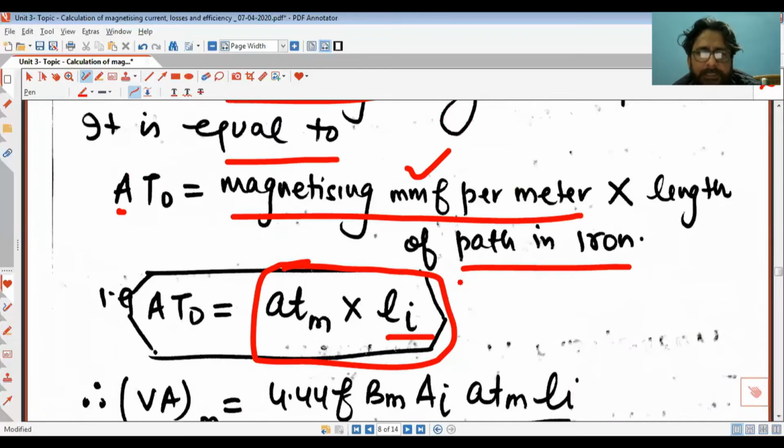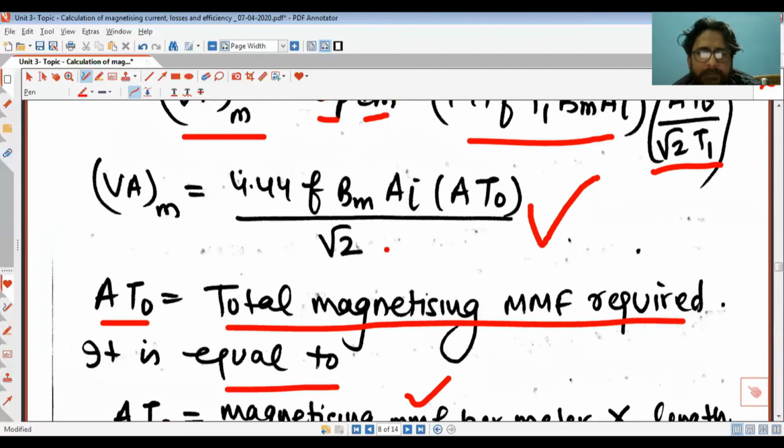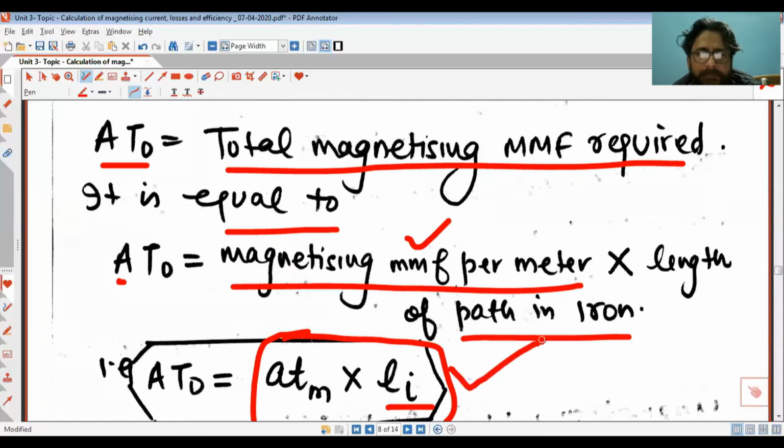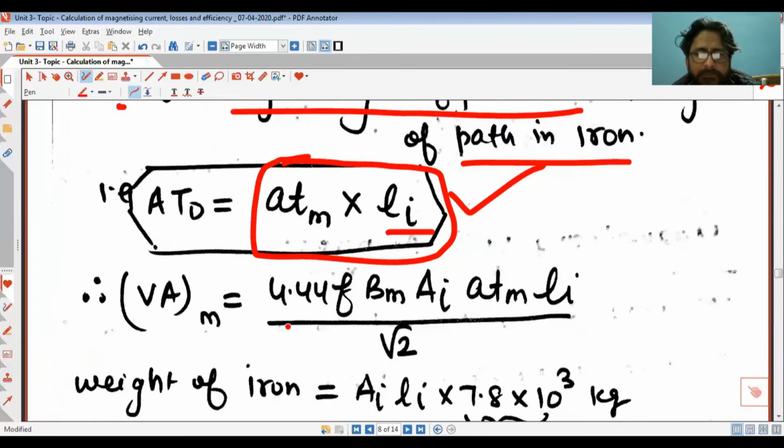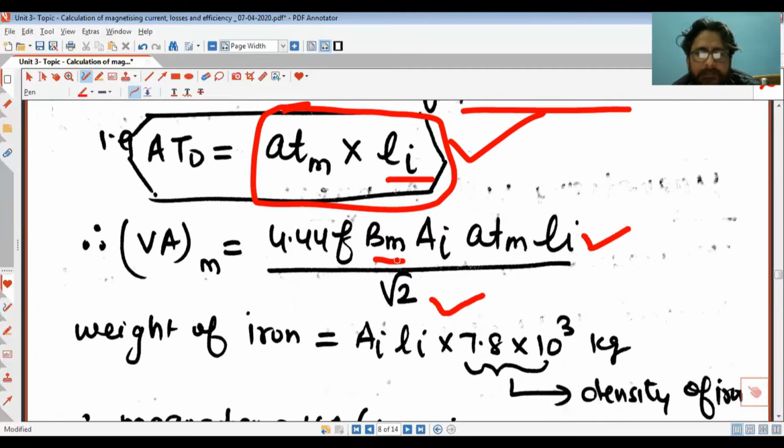If we replace AT naught in this equation with this particular equation, we will get a new equation, which is equal to 4.44 F Bm Ai ATM Li divided by root 2, right? So what is F here? F is the frequency of the input signal, or the frequency of the sinusoidal flux also.